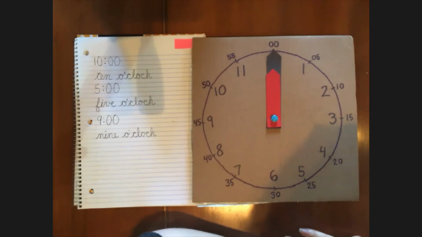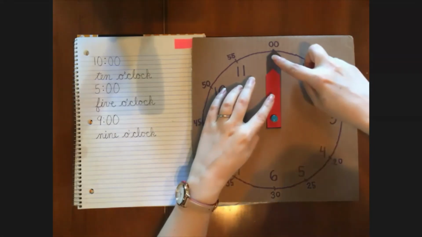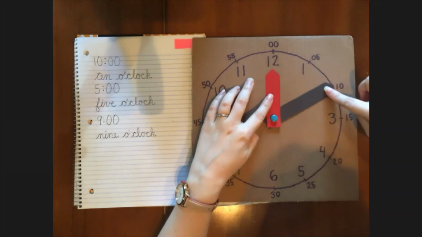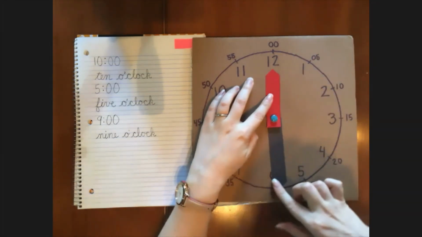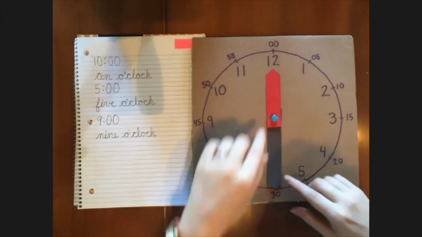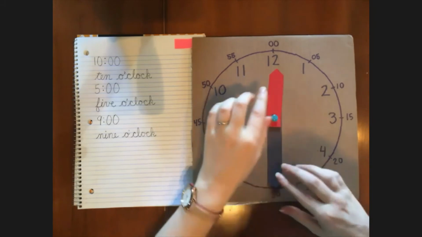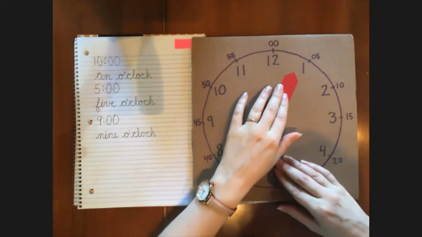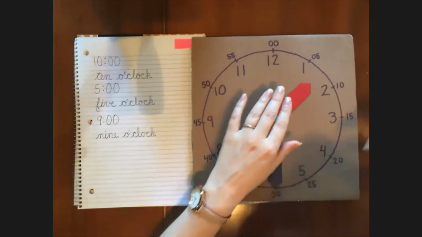So I'm sure you've heard someone say, it's 7:30, or 1:30, or 3:30. So what that means is the minute hand has gone halfway around the clock. And the hour hand has gone halfway between the two numbers.